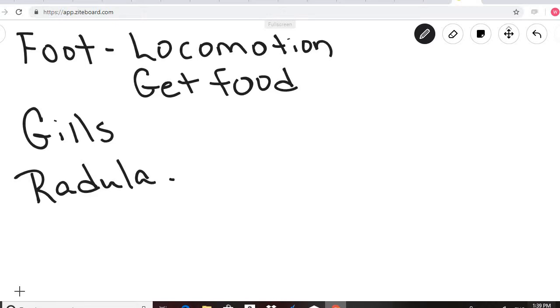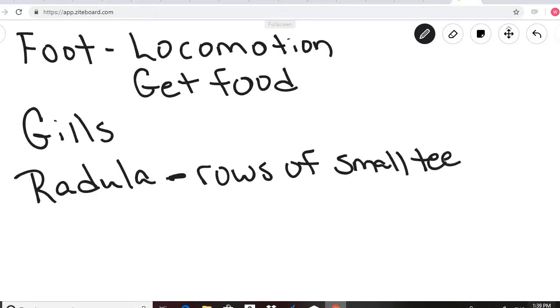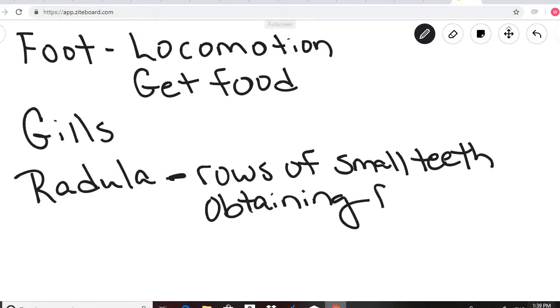And you might remember this from biology, but these are rows of small teeth, and those rows of small teeth are used for obtaining food. Okay, so those are some general characteristics of phylum Mollusca.